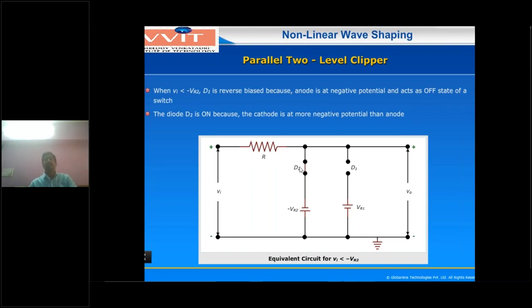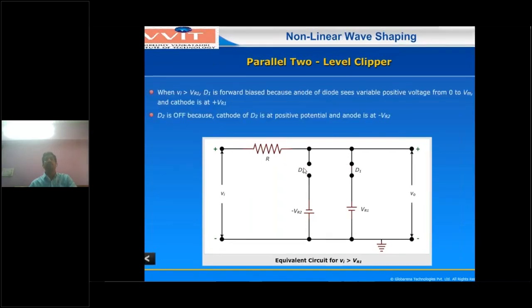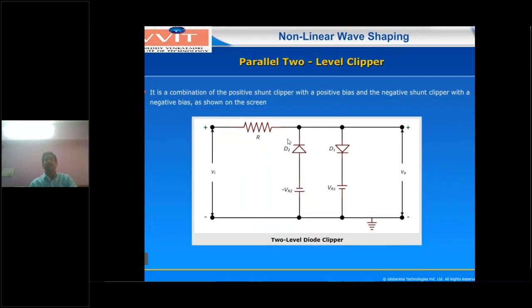So minus 4 volts means D2 will be on. You have to see this: this is minus 4 volts, this is minus 2. Minus 2 is a larger value compared to minus 4, so diode D2 is forward biased, in the on condition. And with the same minus 4 volts, and this one being plus 3 volts, this side will be off. D2 is on, D1 is off.